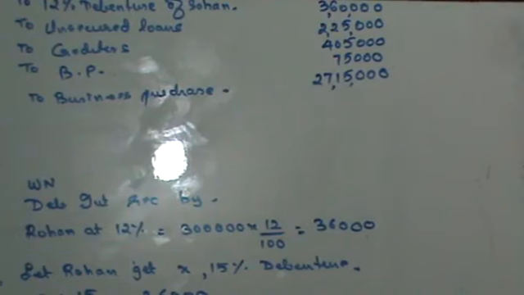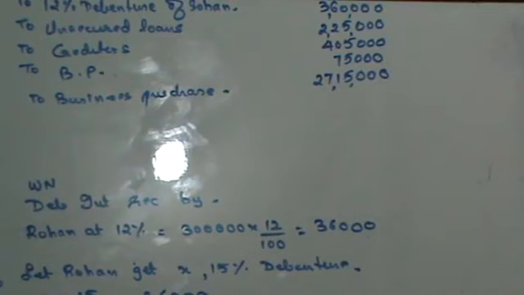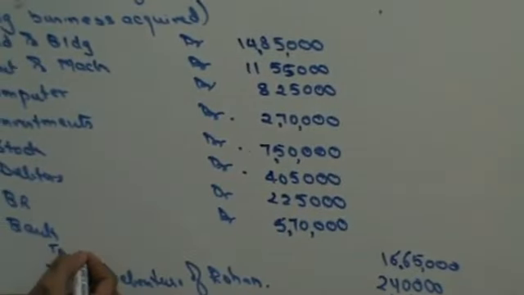16 lakh. 65,000 is the difference, I presume. Someone check the difference. Is the difference 16 lakh? 65,000 on the credit side. The debit side is bigger. 16 lakh, 65,000. Right, this is going to be 2.